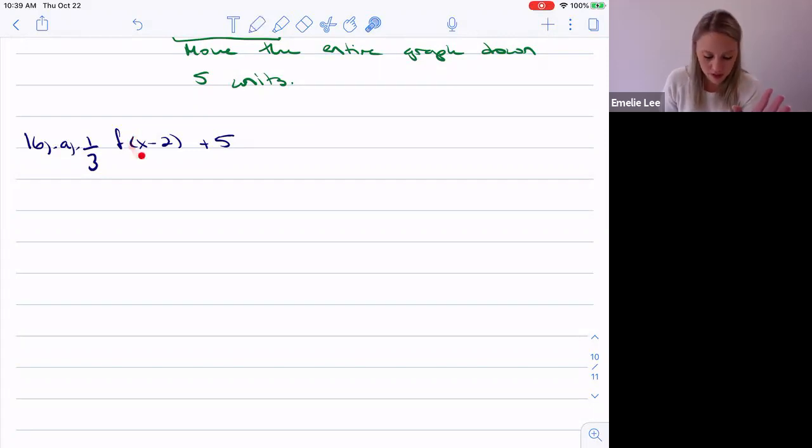Remember, you're always going to start at f of x. The first thing that happened to this thing is we subtracted 2 from x. But remember, that moves it to the right by 2, right?